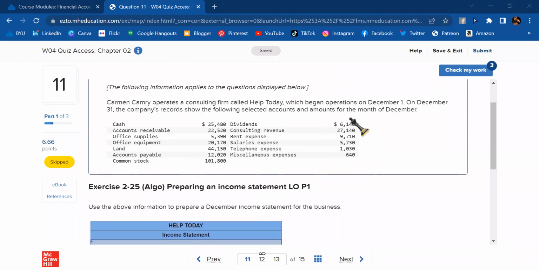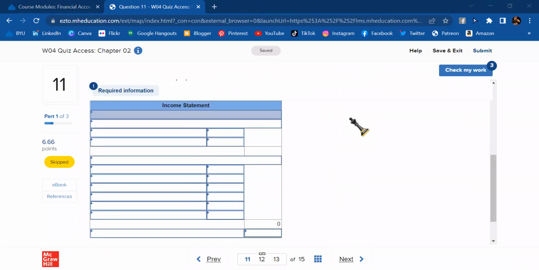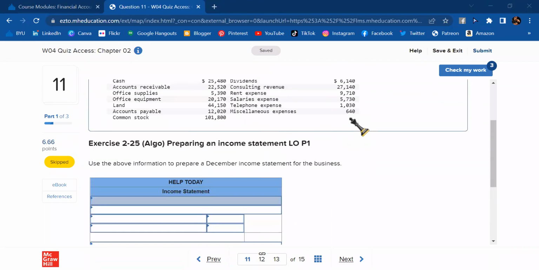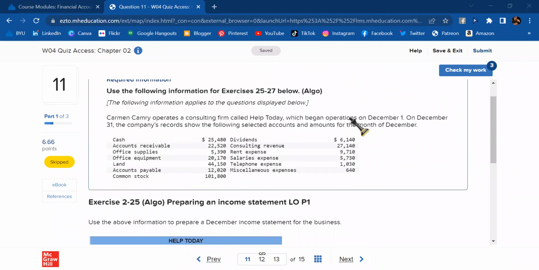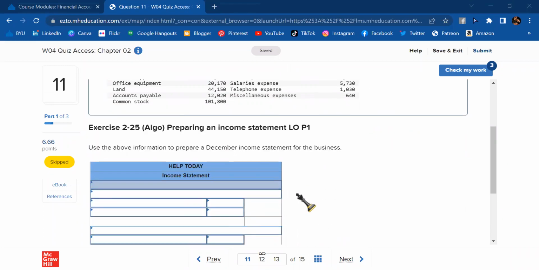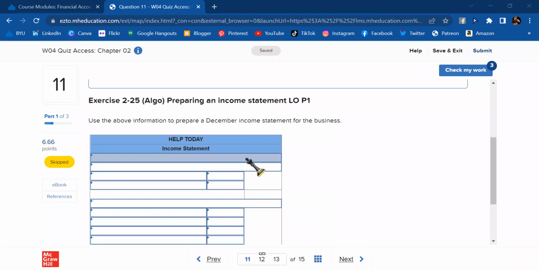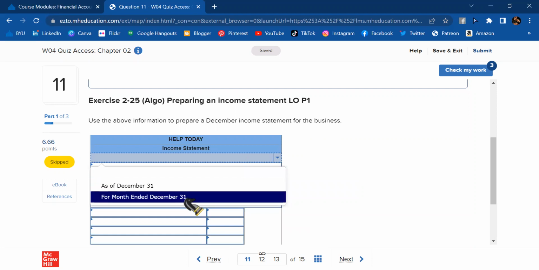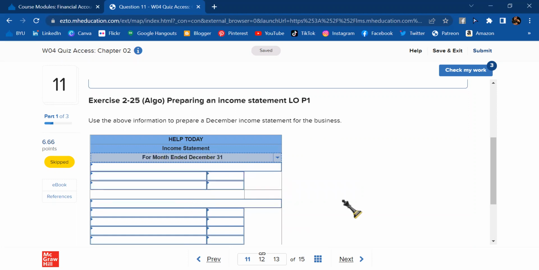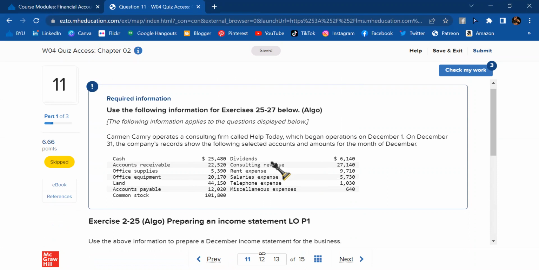Basically, today we're going to be doing an income statement for question 11 here. It gives us all of our information right here, so that's nice. First off, for the income statement, we are going to say for the month ended December 1st, because it's an income statement and not a balance sheet.